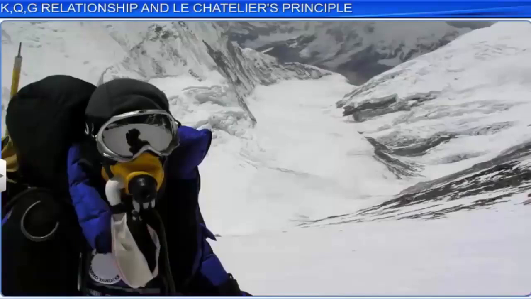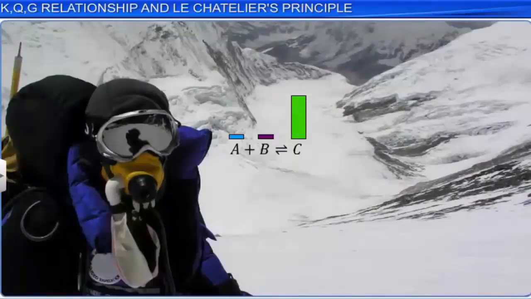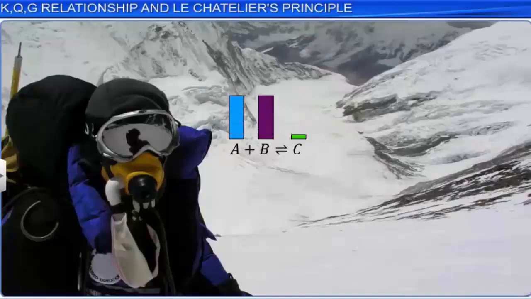Thus, we can say that if a system at equilibrium is subjected to a change in the concentration of one of the substances, then it no longer remains at equilibrium, and the equilibrium position shifts in the direction in which this change is reduced or nullified. A change in temperature or pressure may also alter the equilibrium.